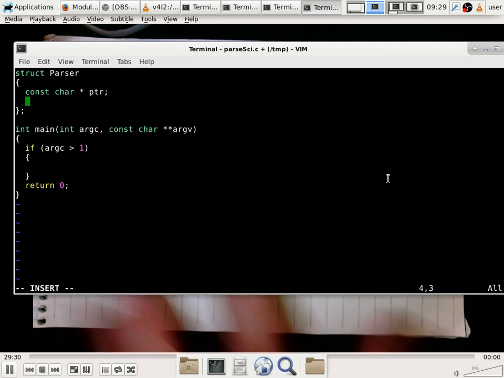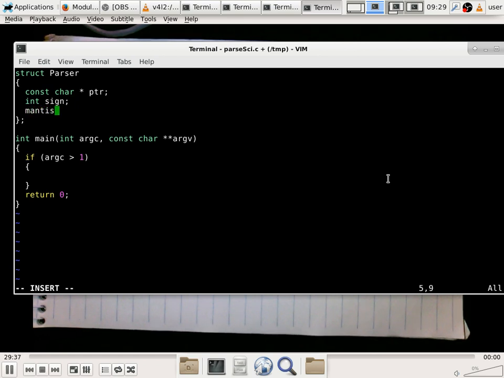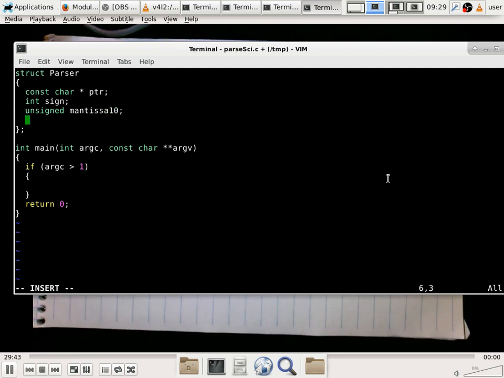And then I will have those things that we just talked about earlier. For the sign, you can just use an int if you want to. Mantissa is going to be an unsigned. And also for exponent 10, that has to be signed, so you have to use a signed integer.